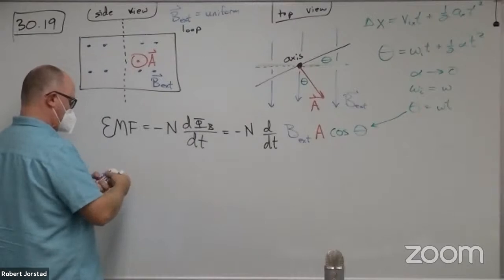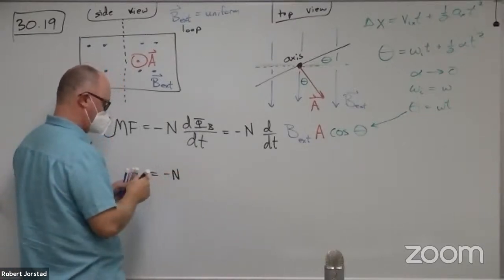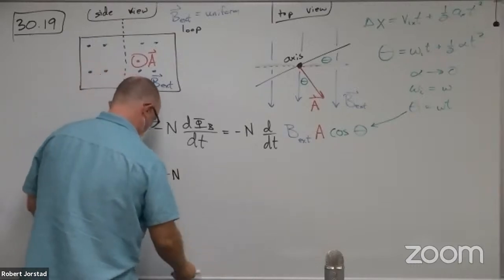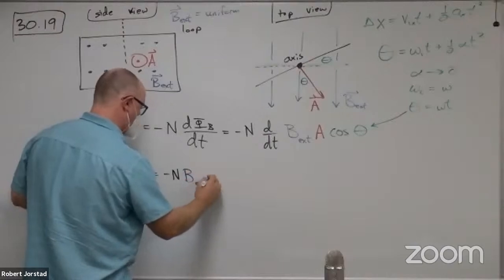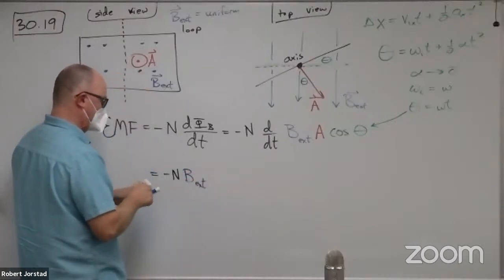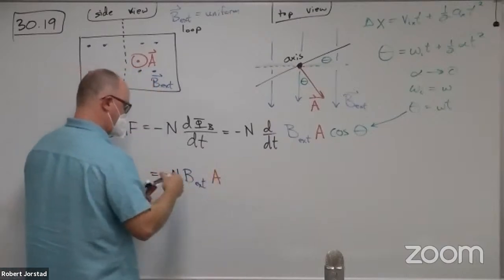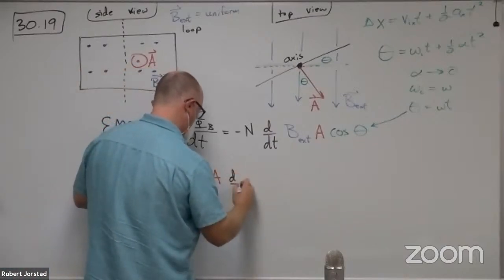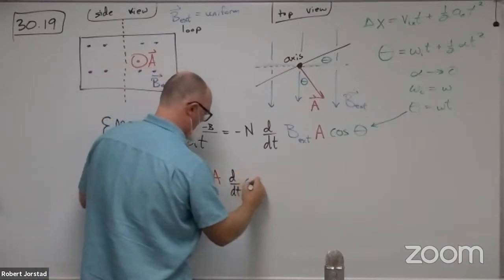So when I pull all this out, minus N B external area of the loop times d/dt of cosine omega t.